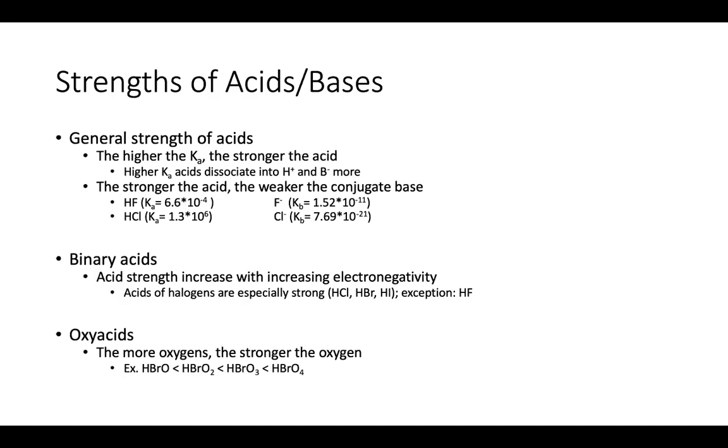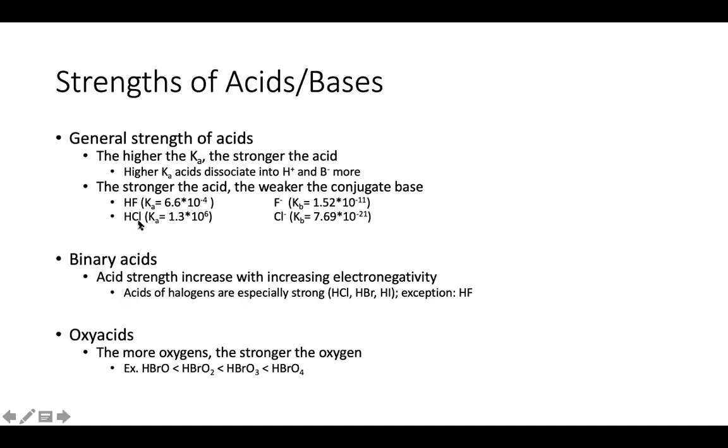In general, how do we describe the strengths of acids? The higher the Ka, the stronger the acid. Strong acids like HCl and HBr do have a Ka, but it is extremely high.